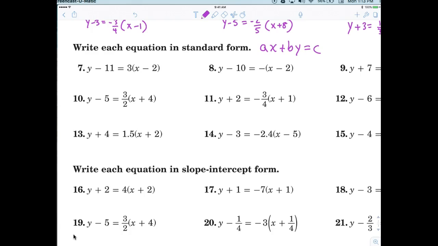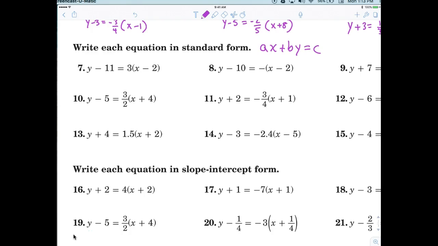Now there are a few things you have to know about A, B, and C. First of all, you're not allowed to have fractions. In other words, A, B, and C have to be integers. The next thing you have to remember is A has to be positive. And A, B, and C are relatively prime.